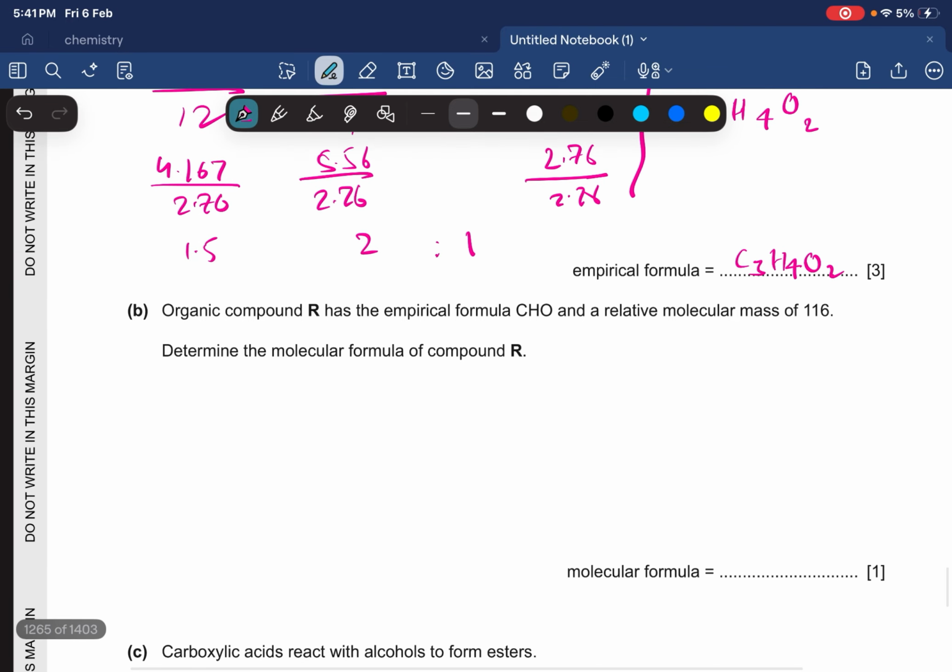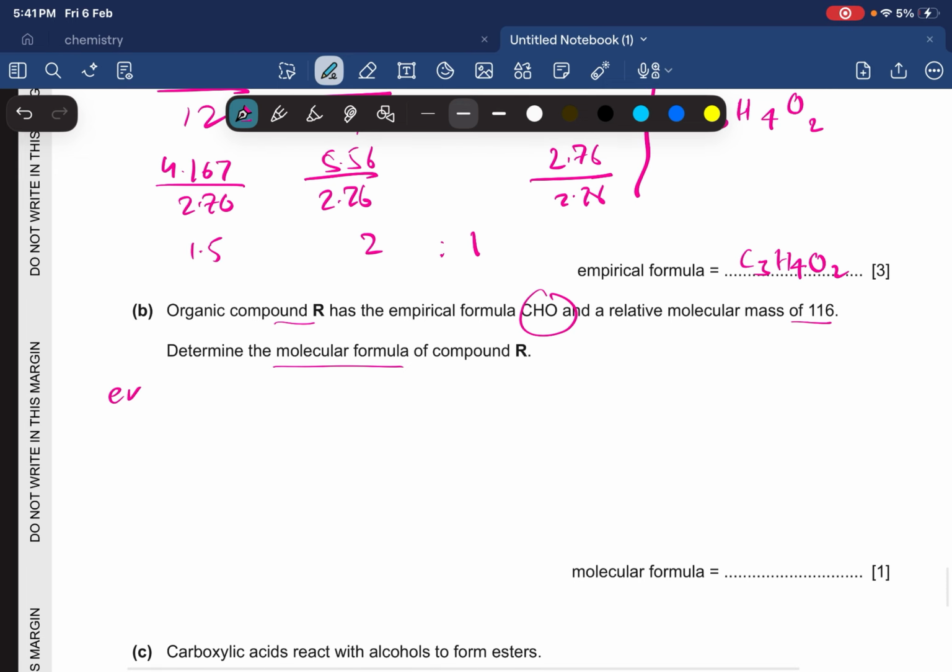C3H4O2. Organic compound R has empirical formula CHO and a relative molecular mass of 116. Determine the molecular formula of compound R. First we calculate the empirical formula mass. The empirical formula mass for CHO is carbon 12, hydrogen 1, oxygen 16, so 12 plus 1 plus 16 gives me 29.